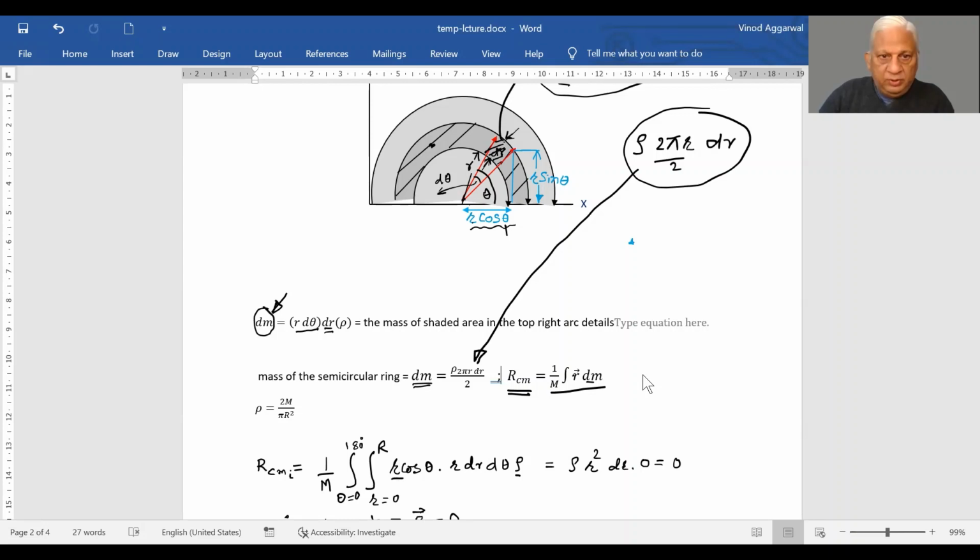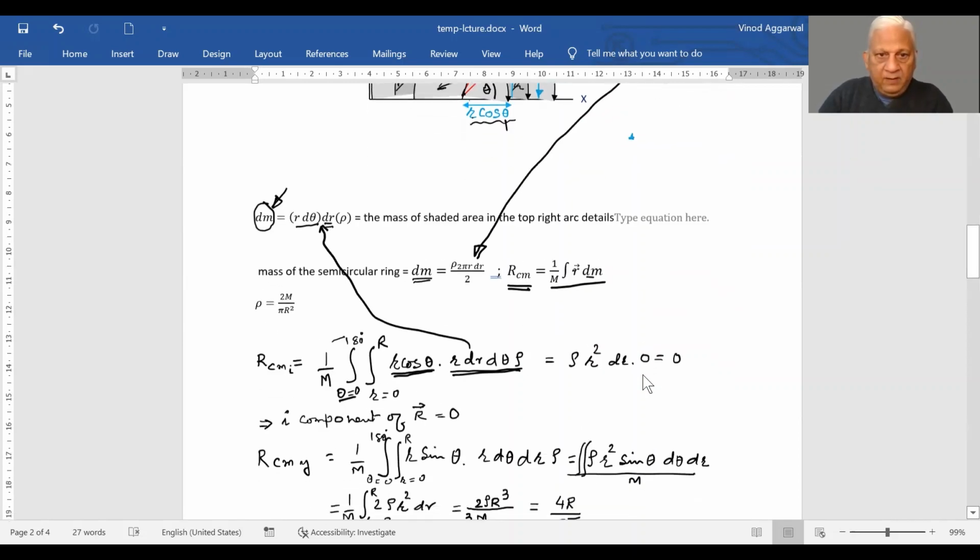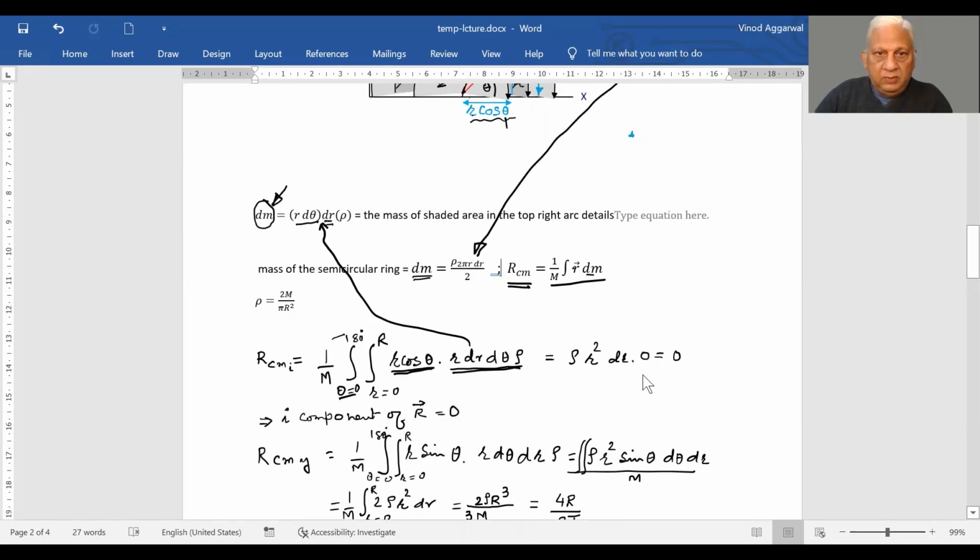So this is the position vector of our small piece in consideration, and this is the small mass dm that we calculated earlier. Now if we integrate over the complete theta, what we'll get is the center of mass due to this particular ring only. So if we integrate over theta, what you get is this. Why is it so?